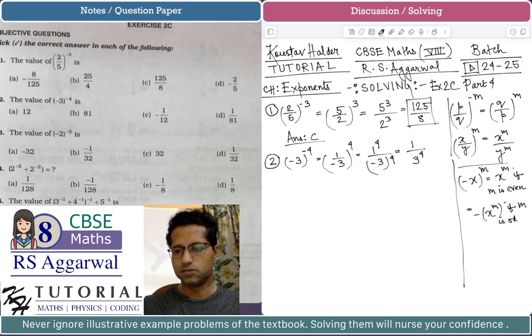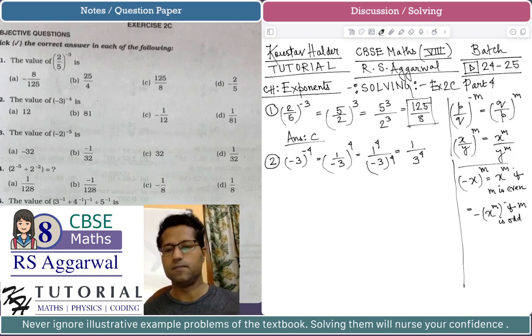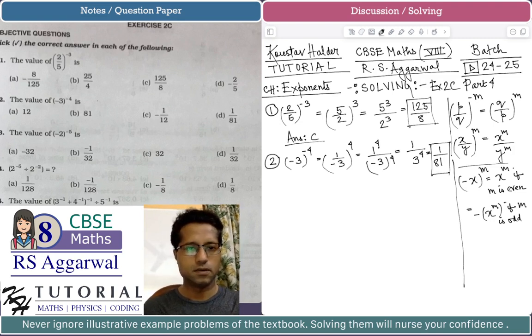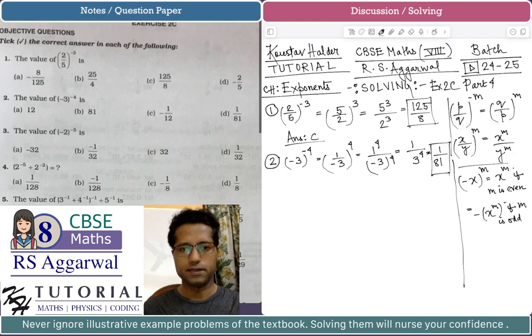Applying this concept, minus 3 raised to the power 4 will be equal to 3 to the power 4. Now this is equal to 1 by 81. So 1 by 81 is the answer. So the correct choice is D.